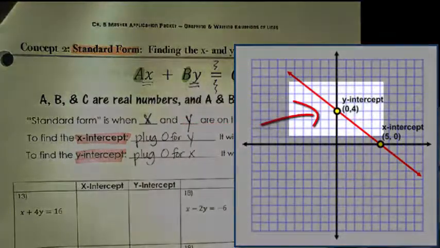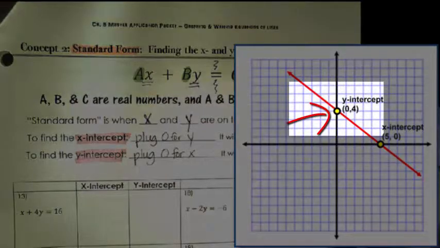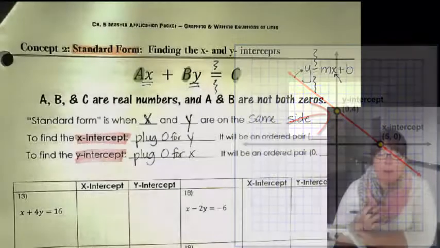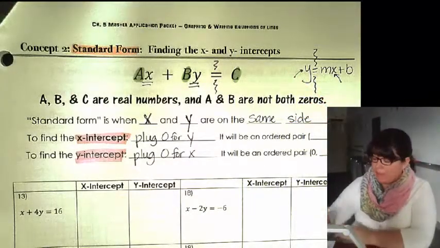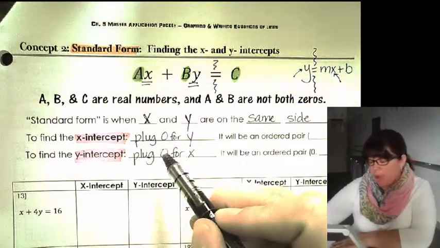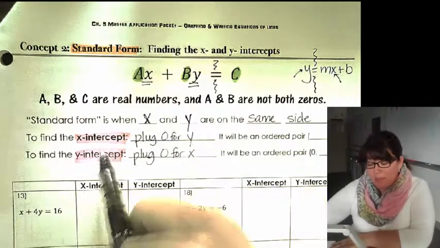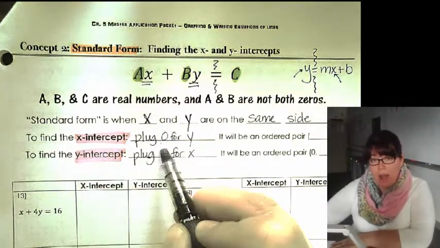Also, for the y-intercept, there's a 0 in the x place, and in the y place, there's a number. That number tells me that this line will cross the y-axis right at this number. So to figure out what those numbers are, we're going to have to plug in 0 for the opposite. So to find out what the x number is, plug in 0 for y.